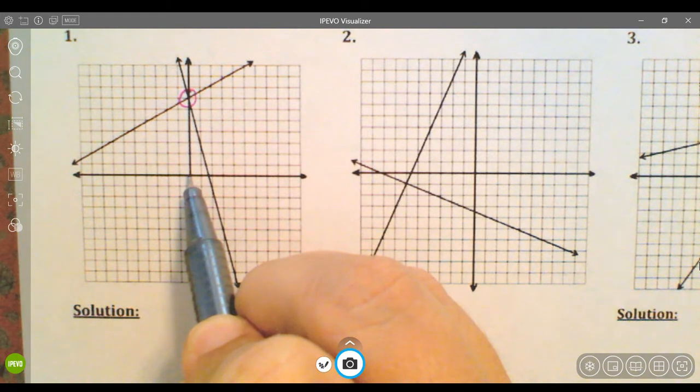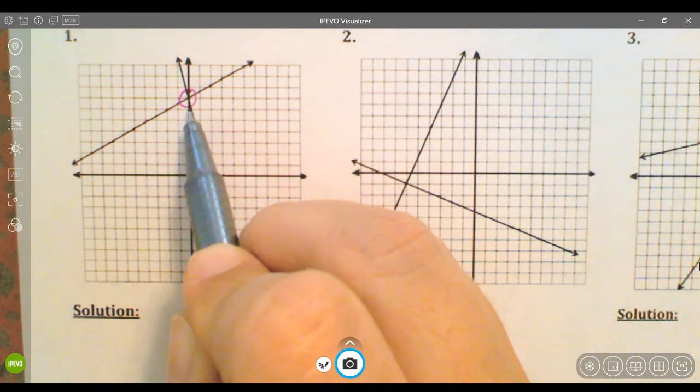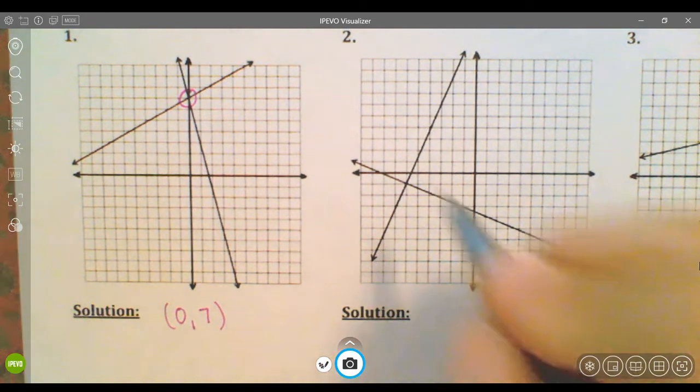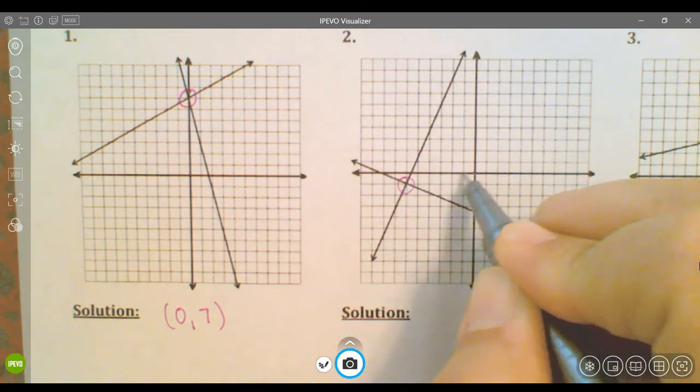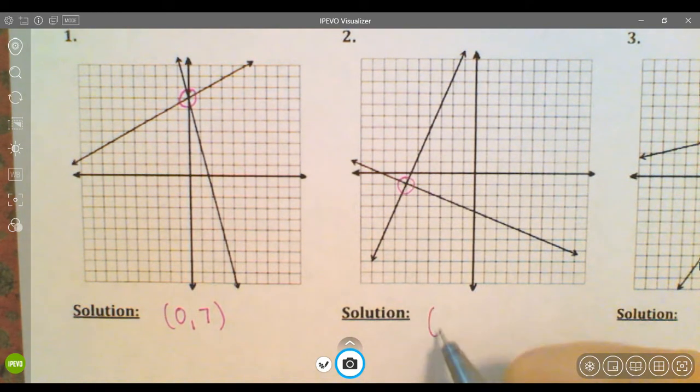Well, I start at the origin. I went to the left 0, to the right 0, and I went 1, 2, 3, 4, 5, 6, 7. So my solution is 0, 7. Here, where do these intersect? 1, 2, 3, 4, 5, 6, and then down 1. So this is negative 6, negative 1.